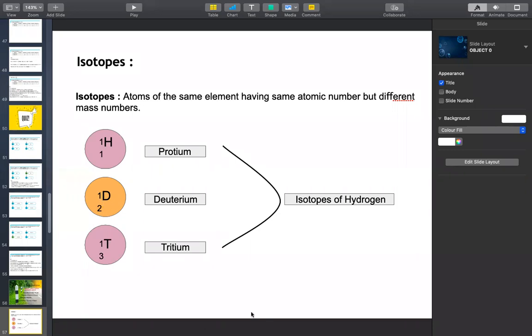You can remember it like this: all atoms carry their mass on their head. So the whole weight comes on the head, weight will be written on the head of deuterium and atomic number will be written at the bottom. So 2D1 is the right way, because the atomic number or number of protons in hydrogen, deuterium and tritium is the same, but their mass numbers are different. Got it?